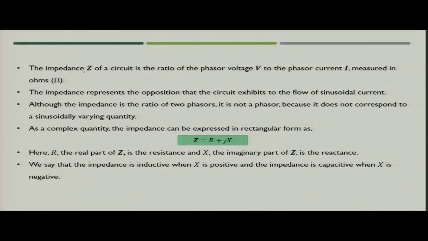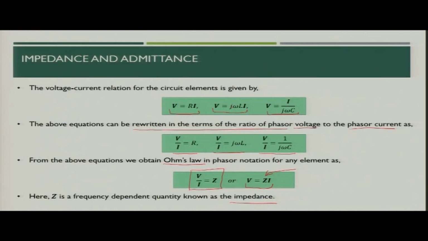The impedance of a circuit is the ratio of voltage phasor and current phasor, and it is also measured in ohms, because in case of resistor or capacitor or inductor, whatever the reactances which we calculated in previous lectures, the dimension of those was in ohms.